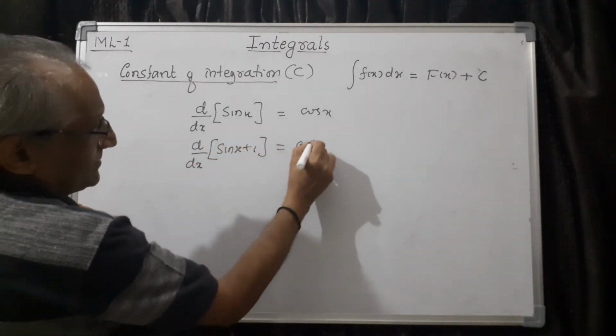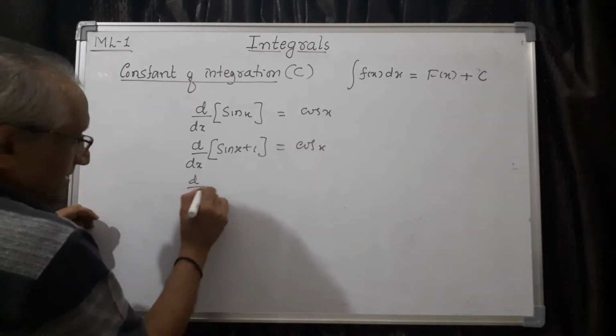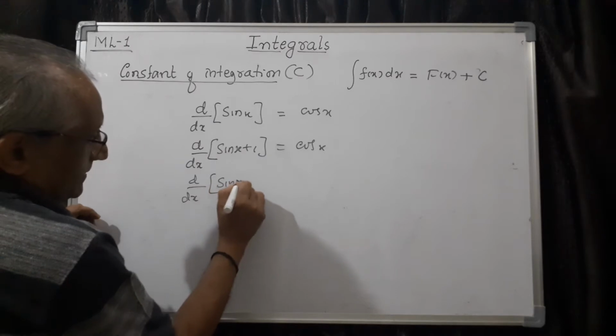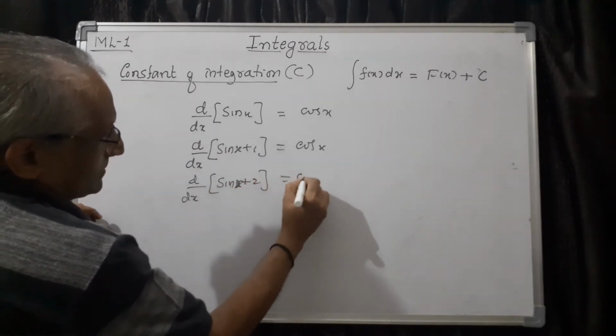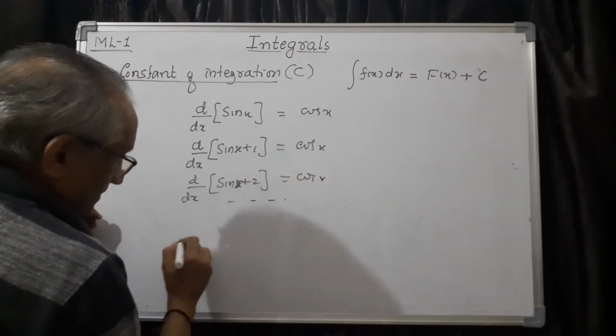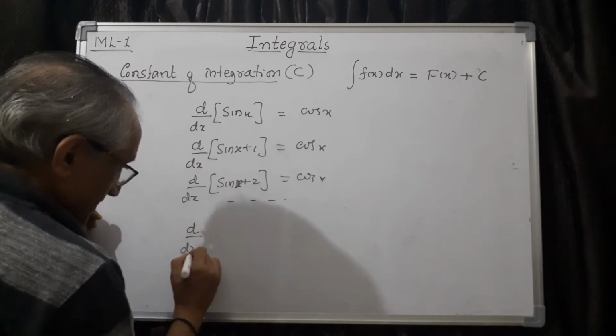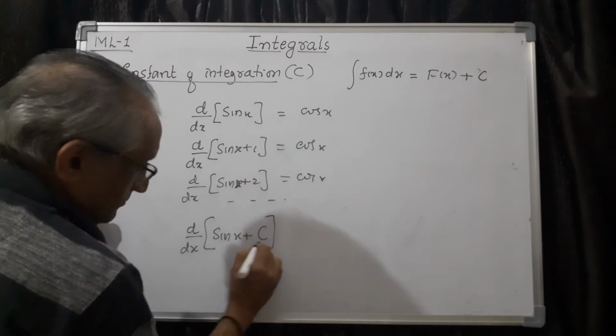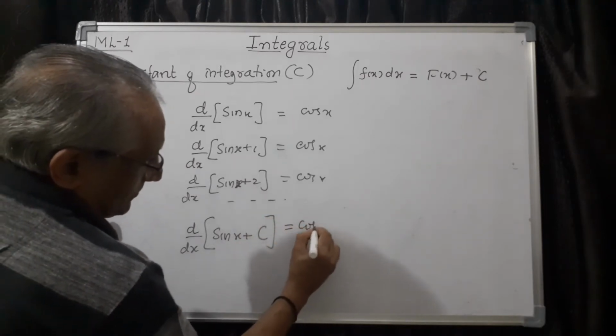You will get cos x only. Suppose you take d by dx of sin x plus 2, once again you get cos x only. And like this, if you take for example d by dx of sin x plus c, some constant, once again it is cos x.